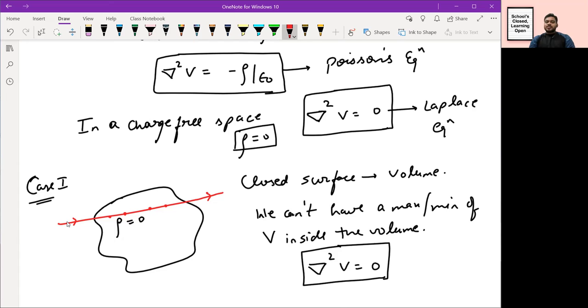Since potential is going to be decreasing at every single point on this electric field line, we can safely say that there cannot be a maxima or minima within this volume. It will always be either on the outside of this volume or on the surface of the volume. It cannot be inside. This is method 1.